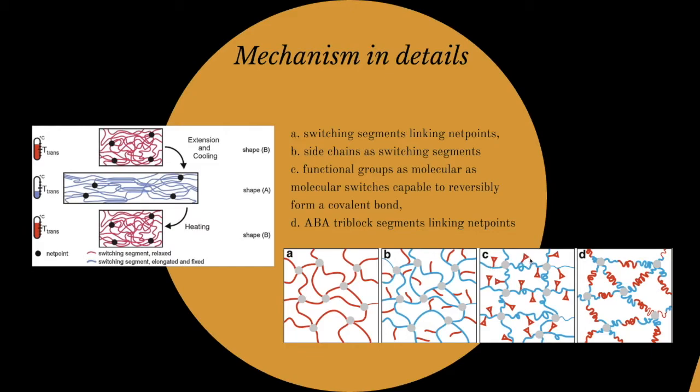So the functional groups here, they can easily form a covalent bond, reversible covalent bond. And then you can also have an ABA tri-block segment. So you have blue, red, blue as a segment of polymer, and then linking with this gray dot here. You can have this mechanism, all of this.